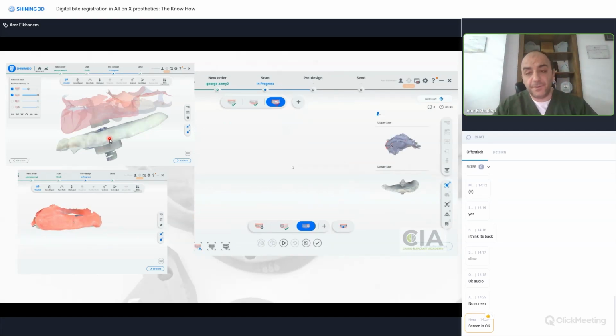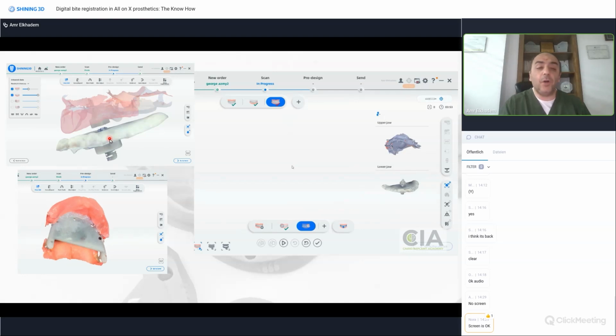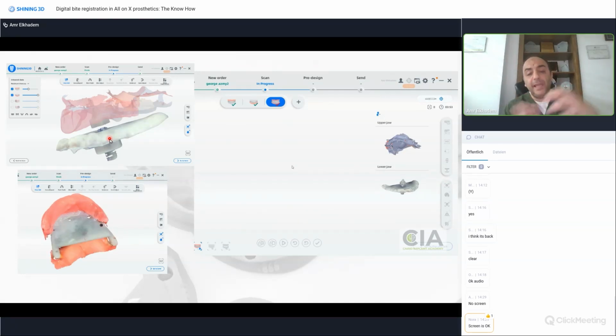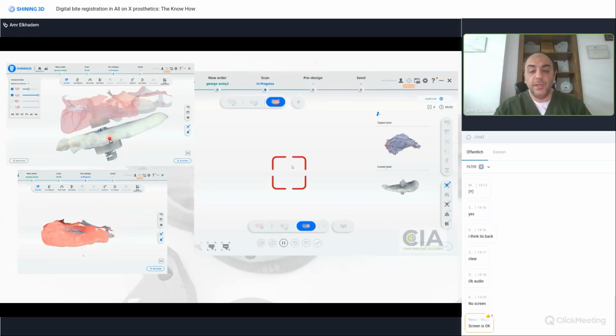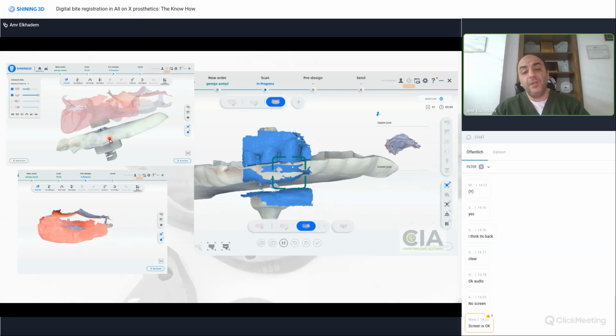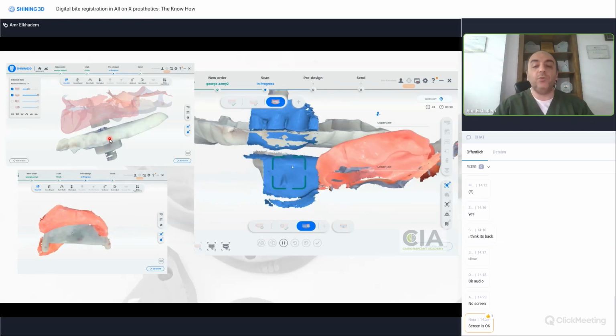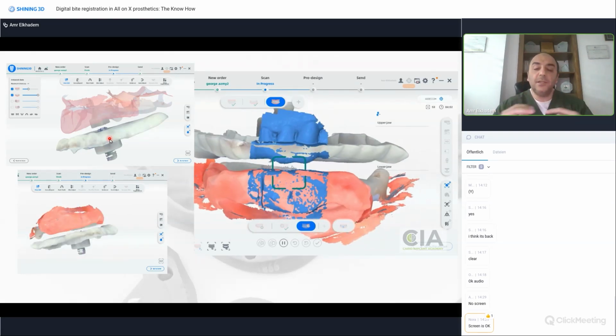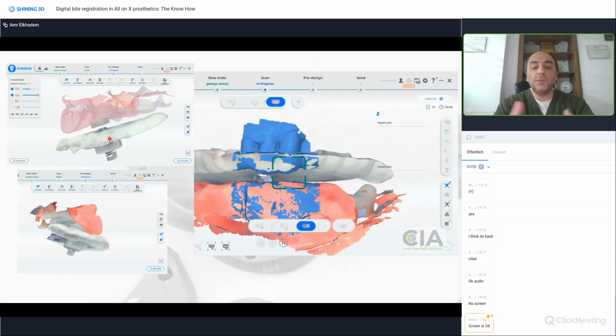bite from the left. So the use of record blocks is really important in the very complex case when you cannot guarantee a stable relationship with the deprogrammer jig. It requires more time and additional visit, but really in the very difficult cases, it's always a good way to go back and design occlusion blocks.